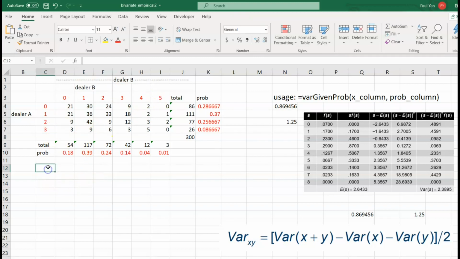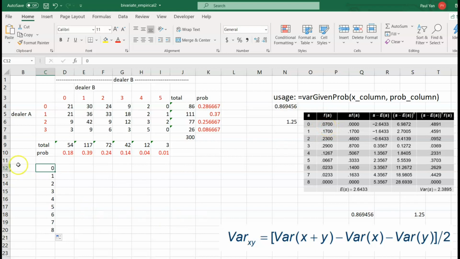So we have 0, 1, 2, up to 8, so actually we have 9 different scenarios. Okay, and the days both dealers sell nothing is 0. So let's look at how we get this number. It's 7%.